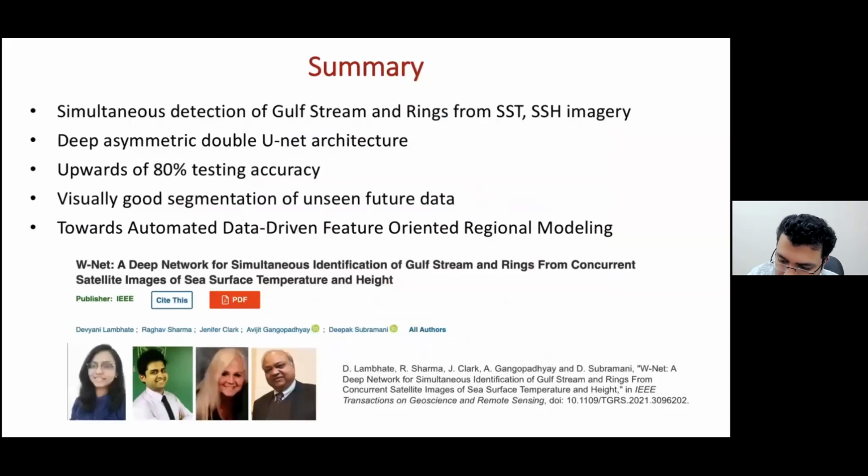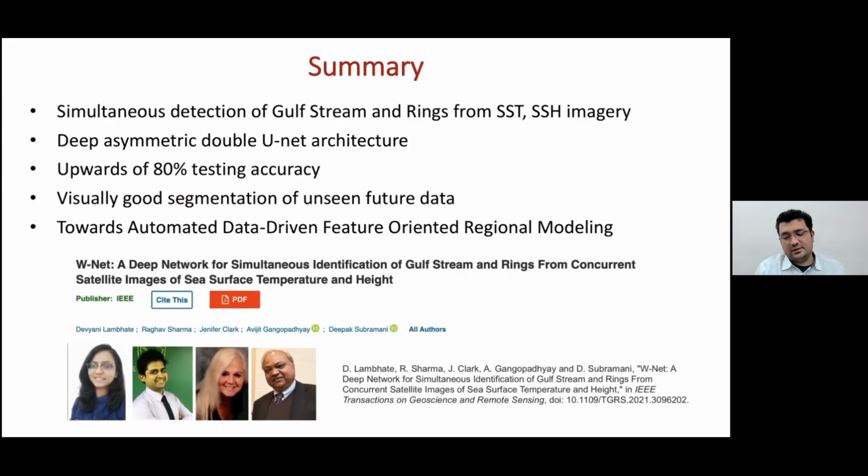So in summary, we developed a WNet algorithm, right? The WNet architecture, deep learning architecture for simultaneous detection of Gulf Stream and rings from SST and SSH imagery. This was a deep asymmetric double unit architecture, so we call it WNet architecture.